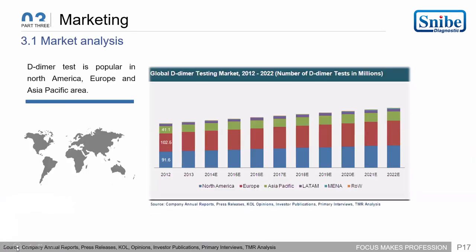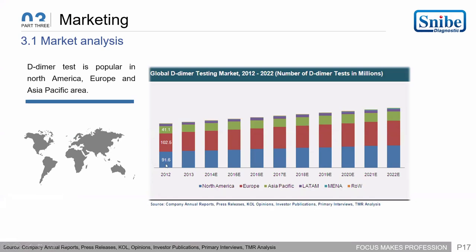If we talk about the market analysis, the D-dimer test is very popular in North America, Europe, and Asia Pacific. The global D-dimer testing market, according to 2012 and 2022 tests in millions, is higher in Europe, at 102.5 million.